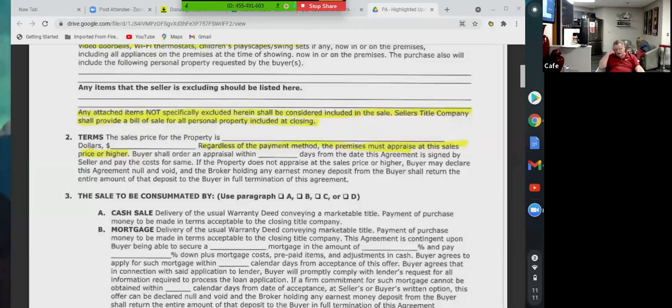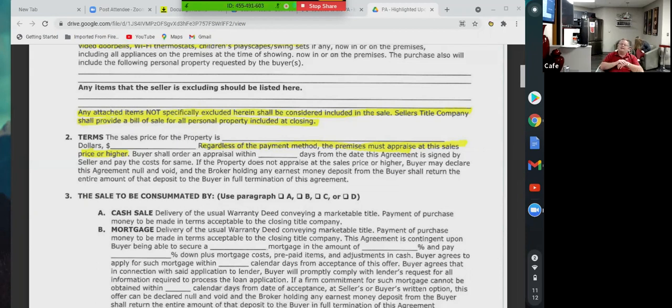The sales price of the property stayed the same. And I believe this is added on. I'm pretty sure I did this. Regardless of the payment method, the premises must appraise at the sales price or higher. We had verbiage in there, but it didn't address regardless of the payment method. So in other words, if somebody wants a cash sale, they have that opportunity for an appraisal.